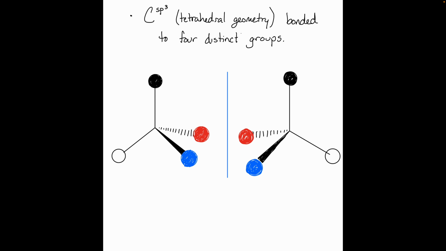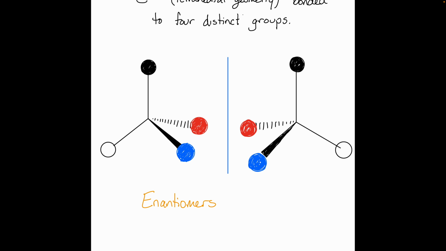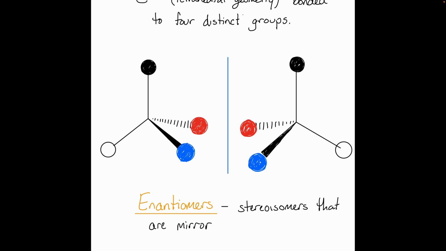And again, this is the term we would use: these are enantiomers. Enantiomers are stereoisomers that are mirror images of one another.